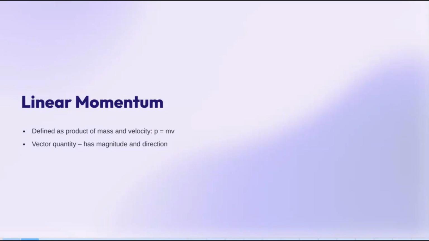These are important things to take to your mind when you hear the word momentum or linear momentum. First, the formula is just simple: mass times velocity, and it's represented with letter P. Second, it's a vector quantity, meaning that it has magnitude and also has direction.